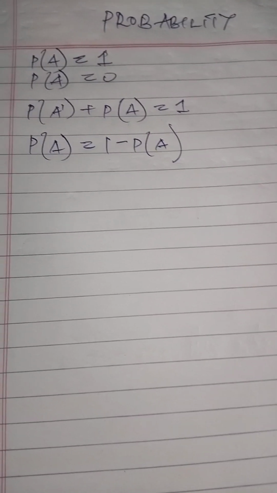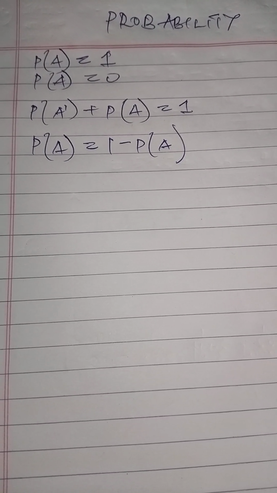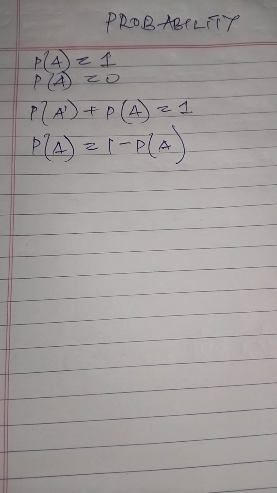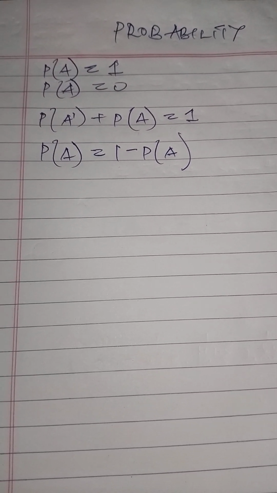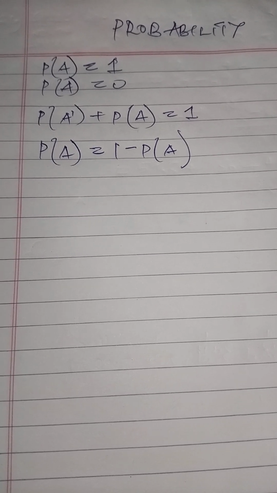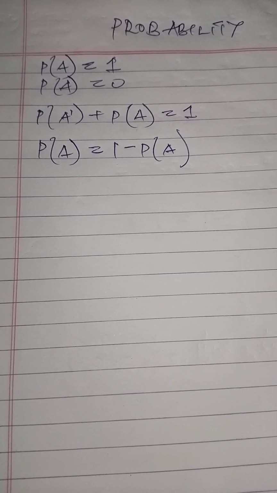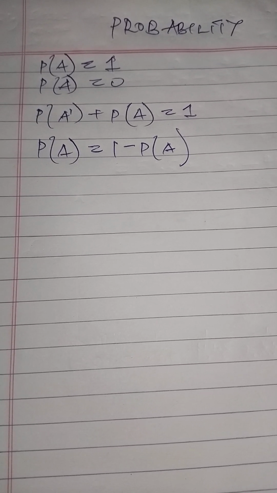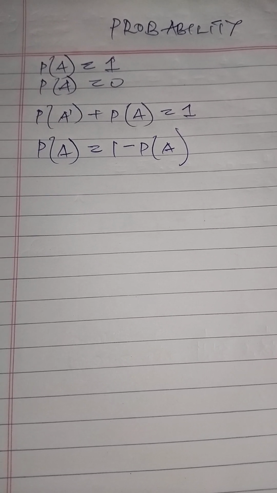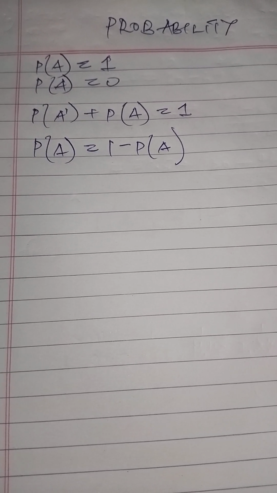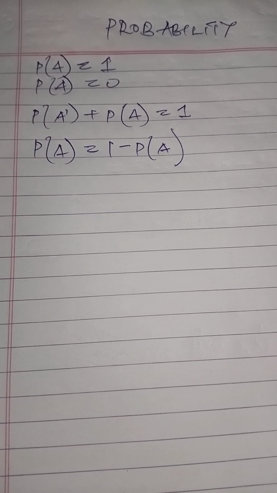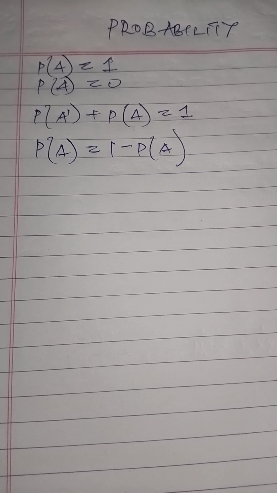Probability is about chance, or the likelihood of an event happening, the chance of an event. So when we take that chance and we put it in numerical value, now we have the probability.